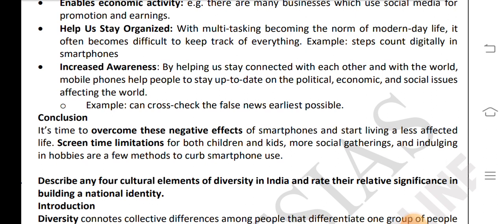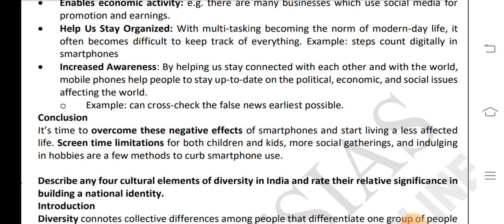Makes economic activities easy. There are many businesses which use social media for promotions and earnings. Smartphones help us stay organized, and multitasking is becoming the norm of modern-day life, so it often becomes difficult to keep track of everything.